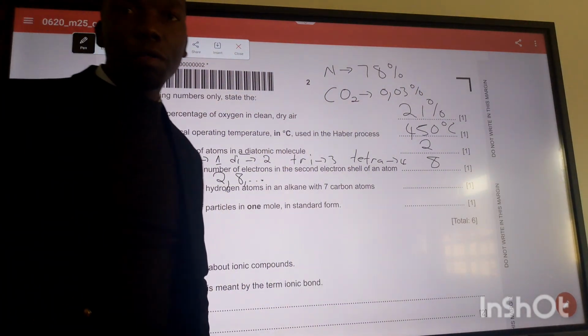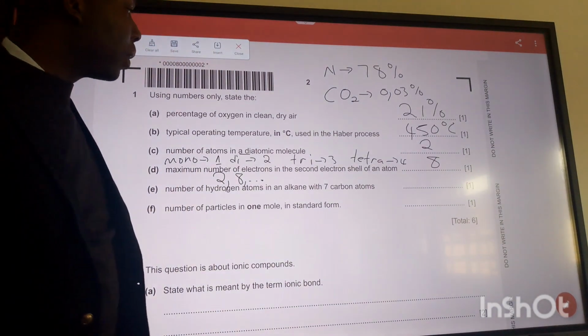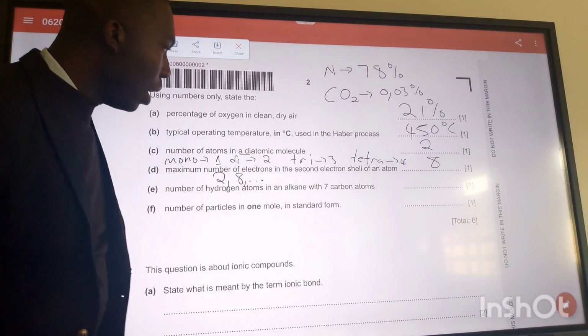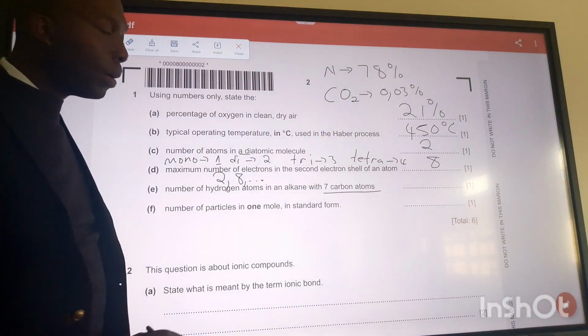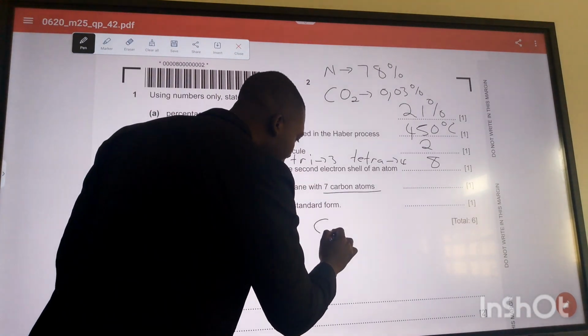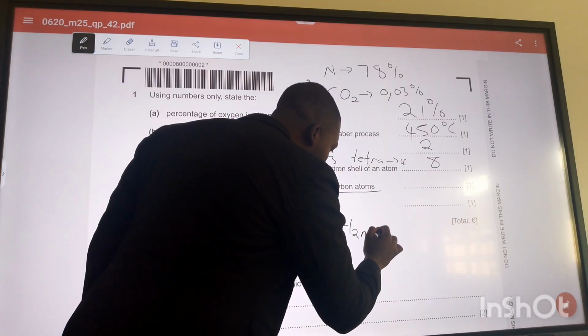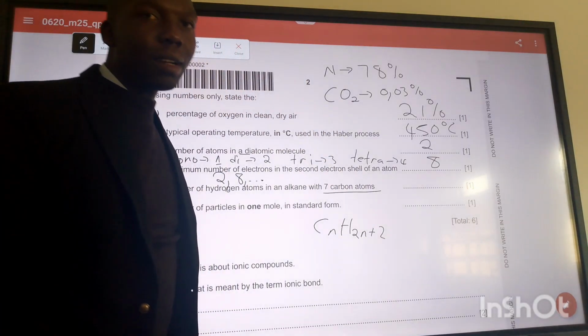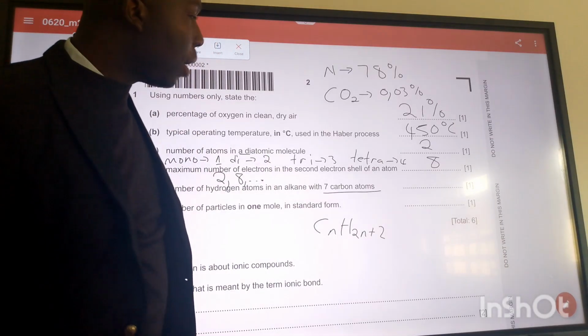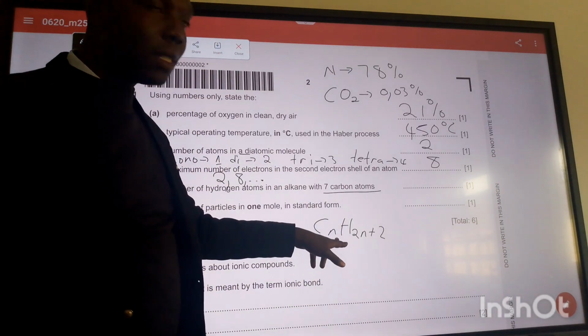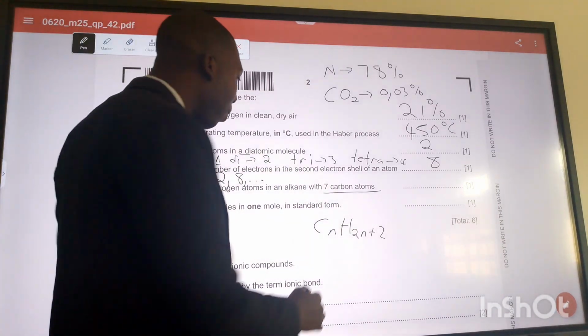Then what is the number of hydrogen atoms in an alkane with 7 carbon atoms? So in alkane with 7 carbon atoms, we are going to use the general formula for alkanes, which is CnH2n+2. So this is the general formula for finding the molecular formula of an alkane. Since we have been told that it has 7 carbon atoms, we are going to substitute.